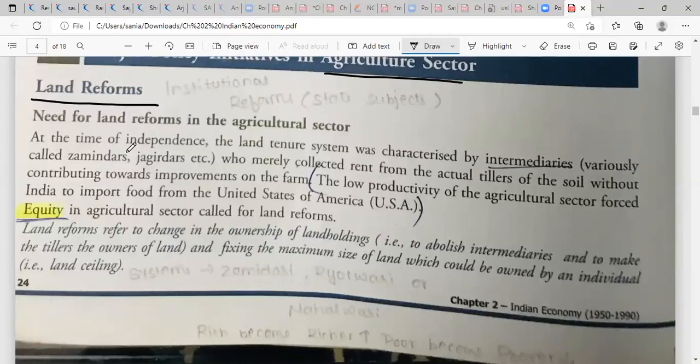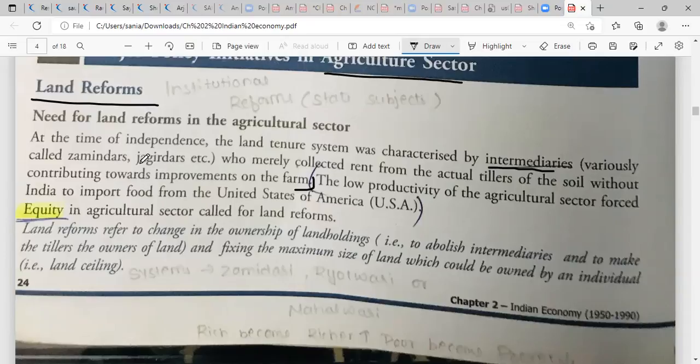Okay, so why? At the time of independence, the land tenure system was characterized by intermediaries, like the zamindars, who merely collected rent from the actual tiller of the soil without contributing toward the improvement of the farm. The first problem was that at the time of independence there was the zamindari, jagirdari system, right?